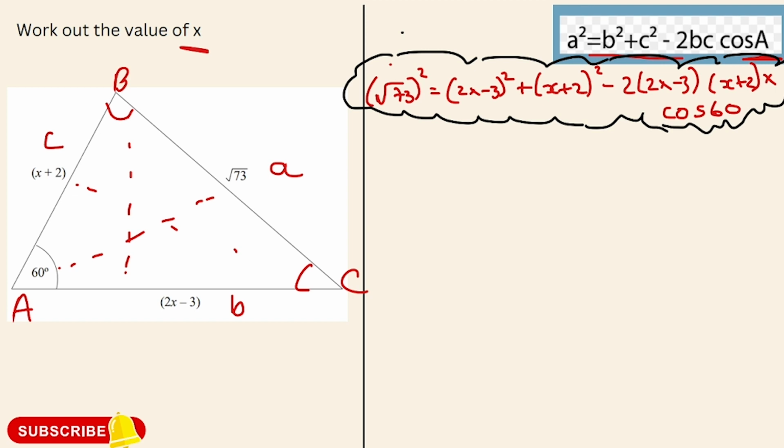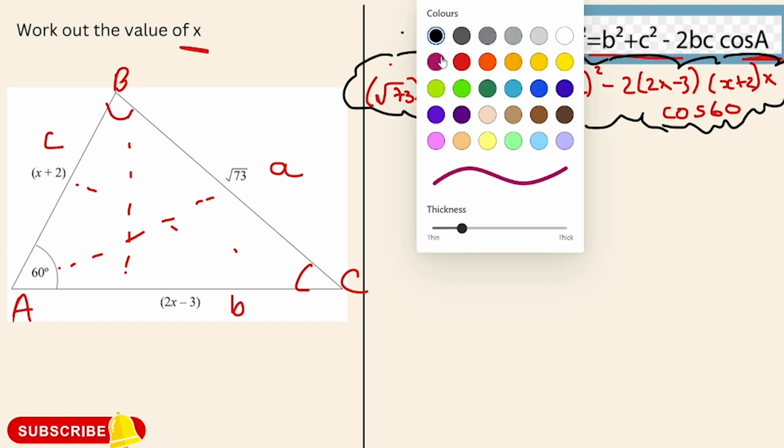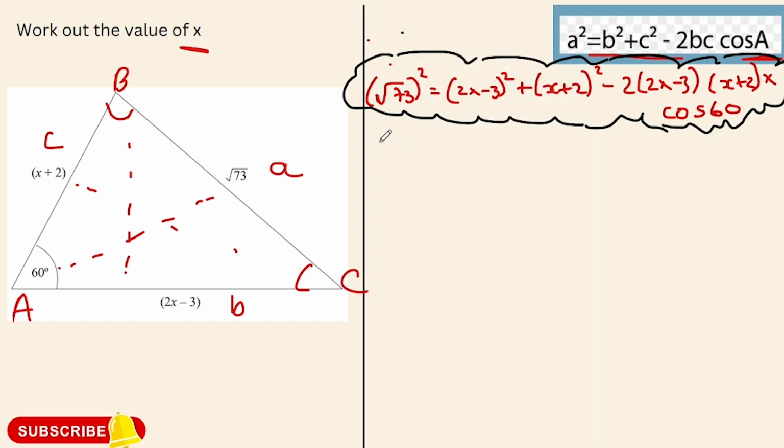I'm going to do it step by step. So the first thing I'm going to do is root 73 squared. So I've got 73 times root 73. Root 73 times root 73 will just give me 73. So that's done. The next one is going to be 2x minus 3 times 2x minus 3. Okay, so we should know at this stage how to multiply this. This will give me 4x squared.